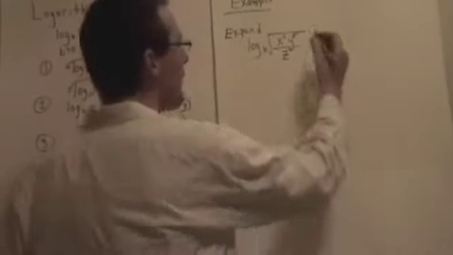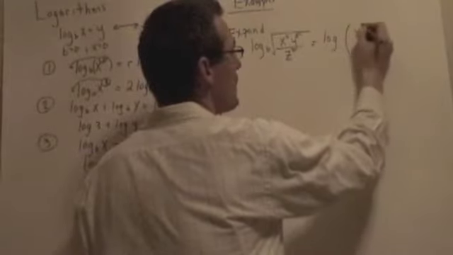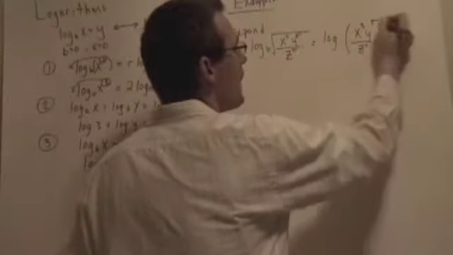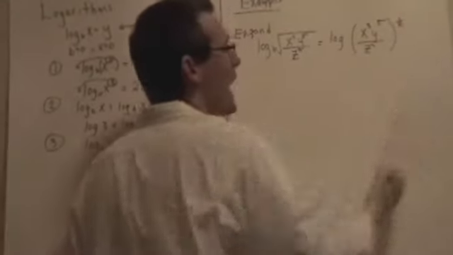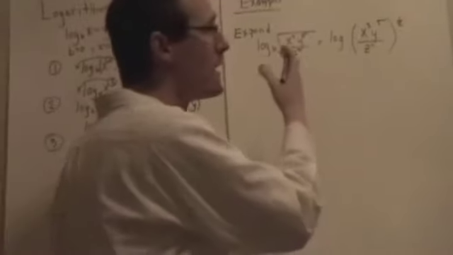What's that mean? That's actually the half power. So we'll go ahead and rewrite this as log base b of x cubed times y to the fifth divided by z squared, all of that raised to the half power. That's not a log rule, that's just common algebra that we know: the square root is the half power.